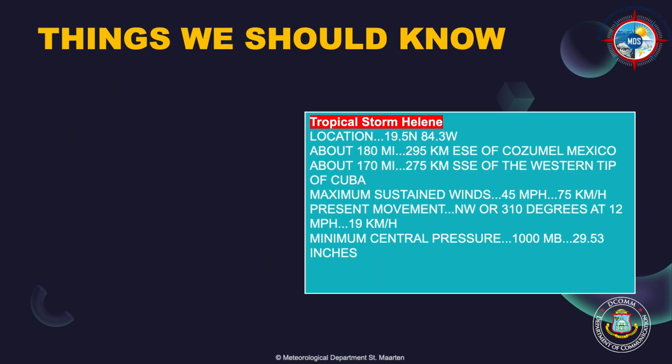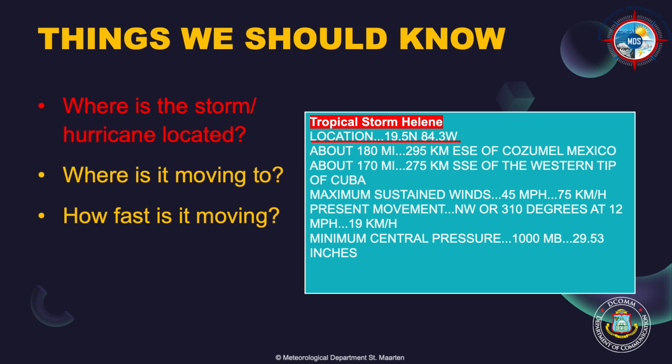An example here, just an example. Tropical Storm Helen, the location that you're going to hear: 19.5 north, 84.3 west. This is a location, okay? We will see what that means in a while.